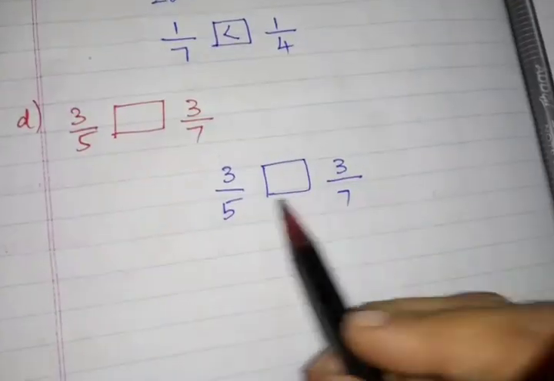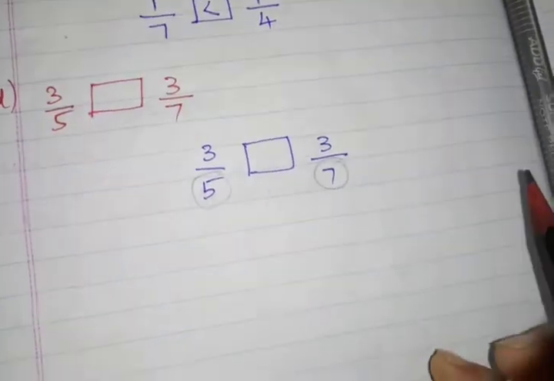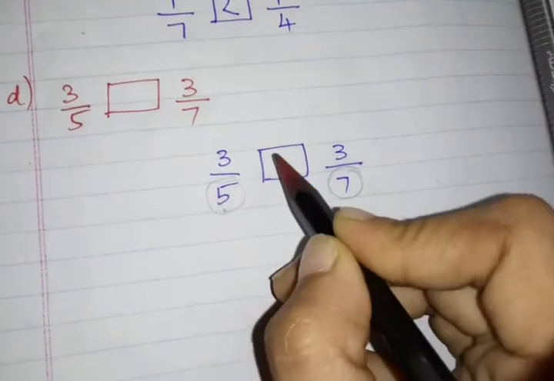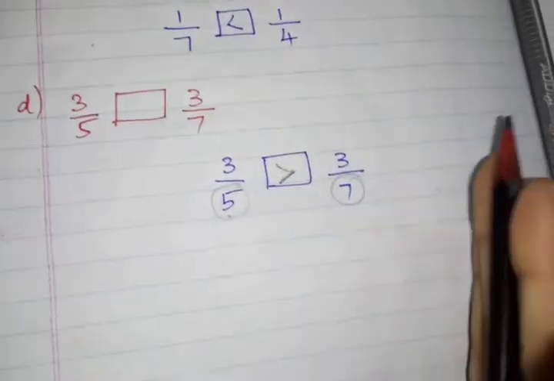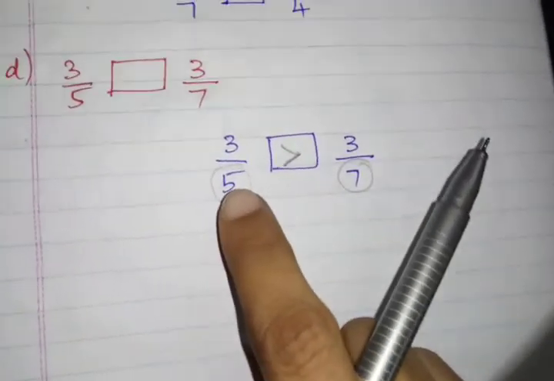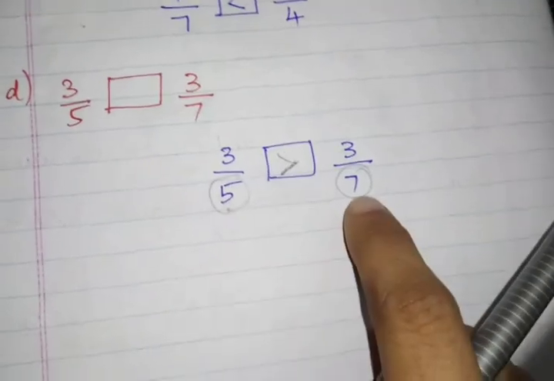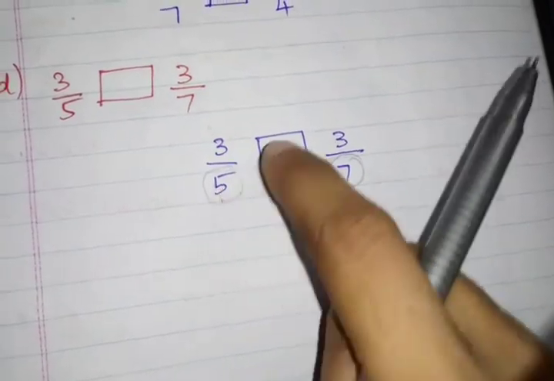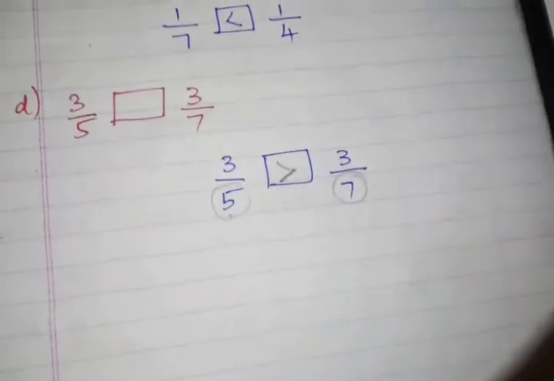If numerators are the same, what will you do, children? You will compare the denominators. The fraction whose denominator is smaller will be greater. See, which is smaller, 5 or 7? 5. So obviously 3 by 5 will be greater than 3 by 7, just the opposite sense.